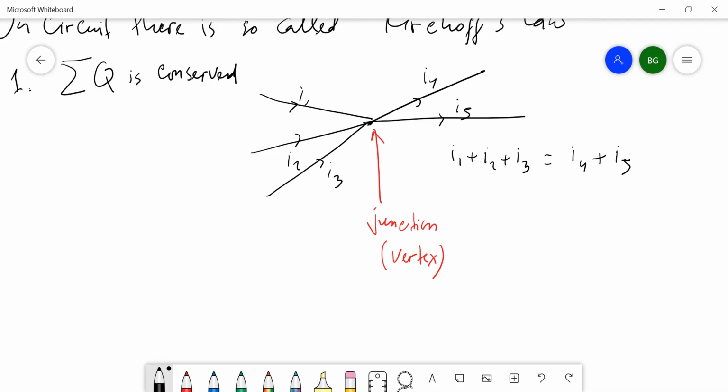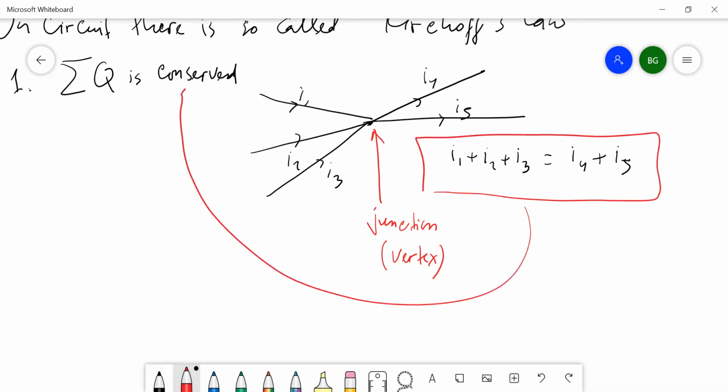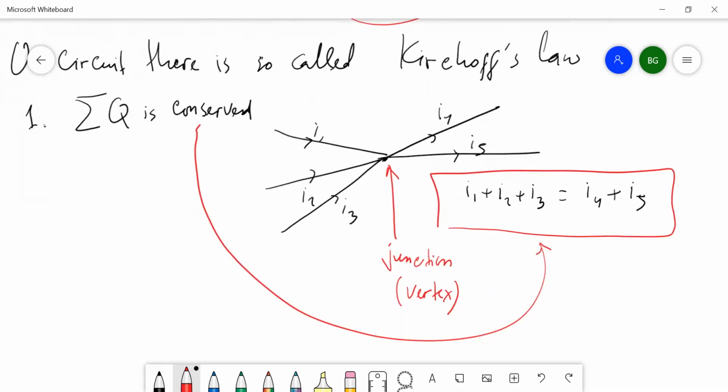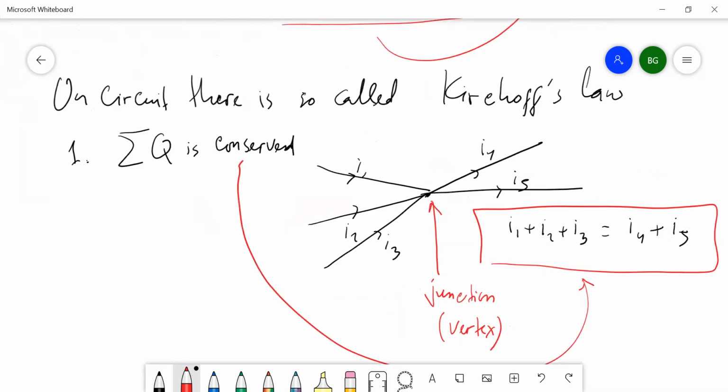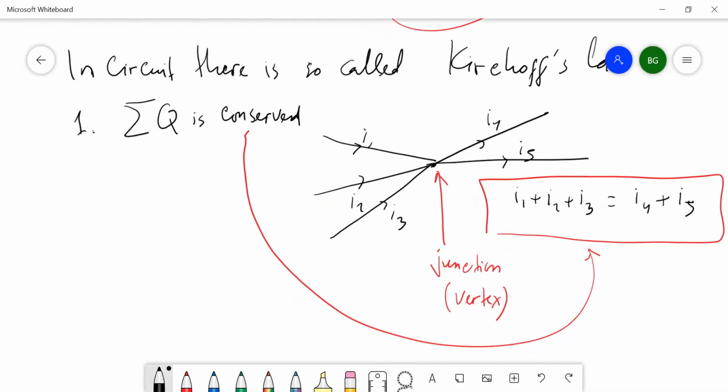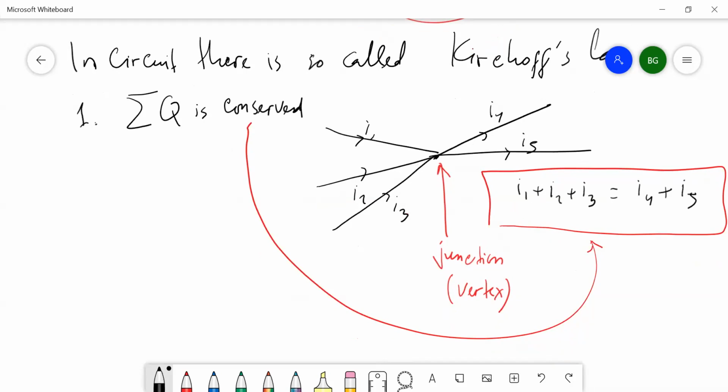This holds, or is satisfied, because the number of charges in the circuit is conserved. Okay, so now this is on the circuit.